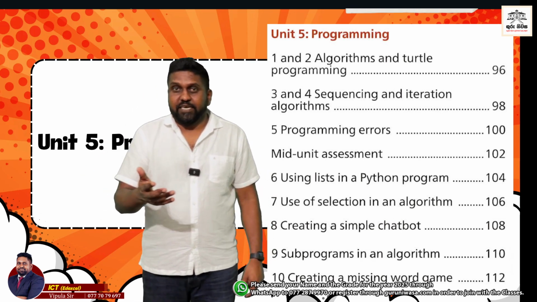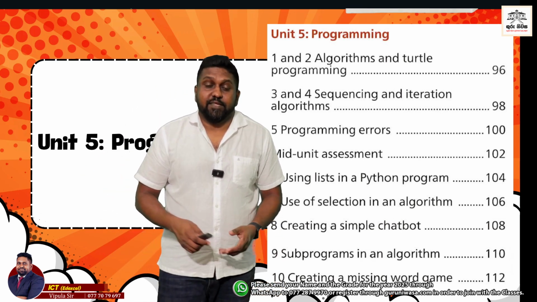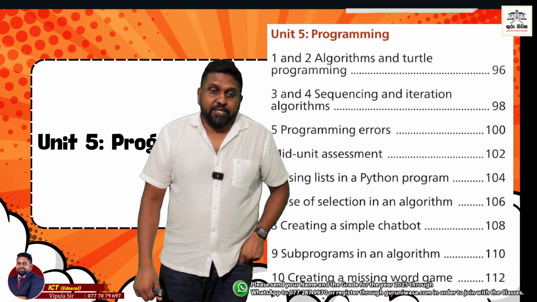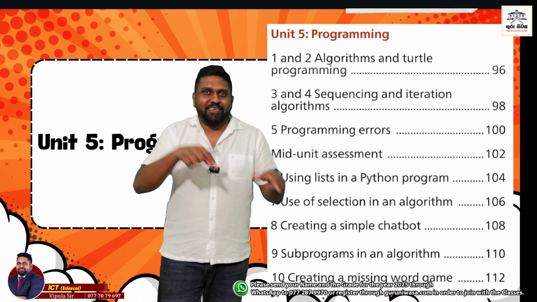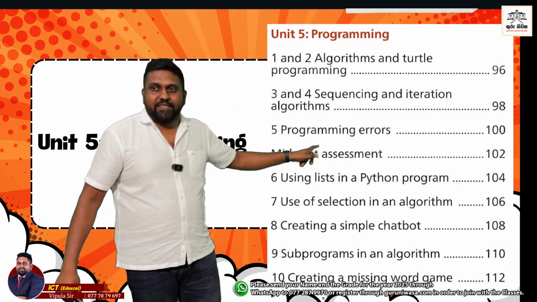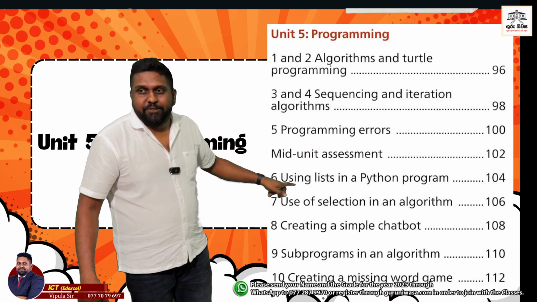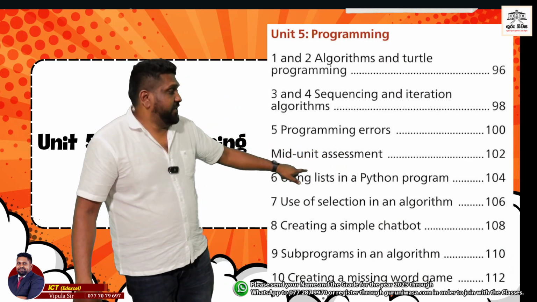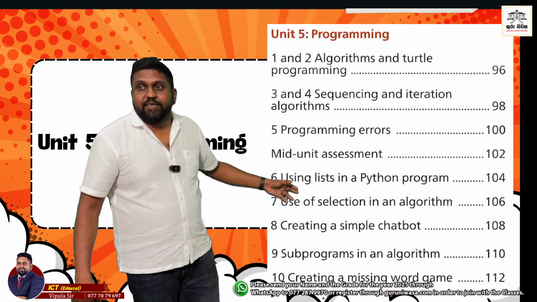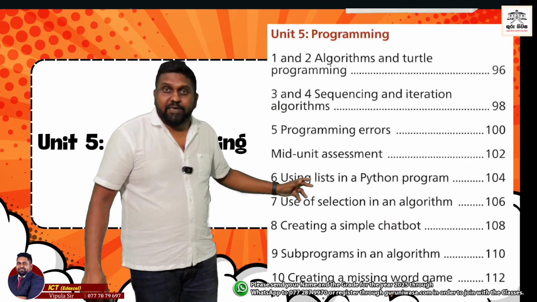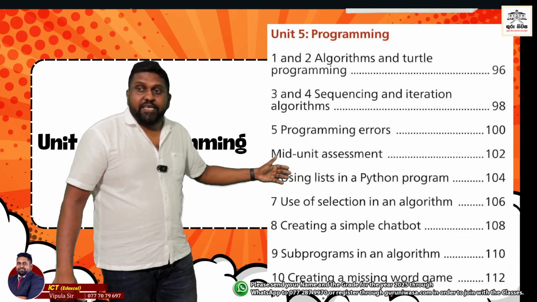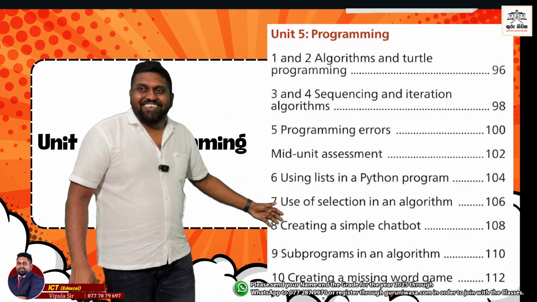You do have Java and .NET as well, C# as well as options. So now it jumps directly in, because we will be covering the basics here. So here we will be learning about Python, as well as we'll talk about selecting different selection algorithms, what type of algorithms we need, and then we create a simple chatbot.